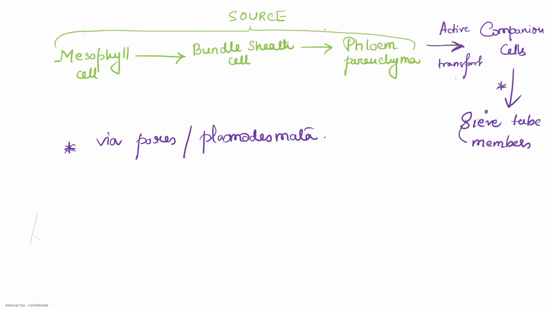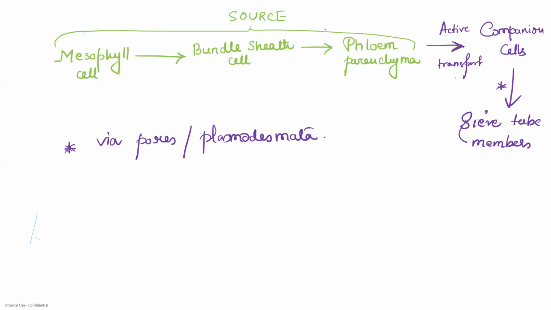From transfer cells, photoassimilates subsequently enter the sieve tube elements via the plasmodesmata. Clear, right? The loading of sucrose and amino acids from the apoplast into the sieve elements proceeds via proton symport. This is driven by a proton gradient generated by H plus ATPase present in the plasma membrane.